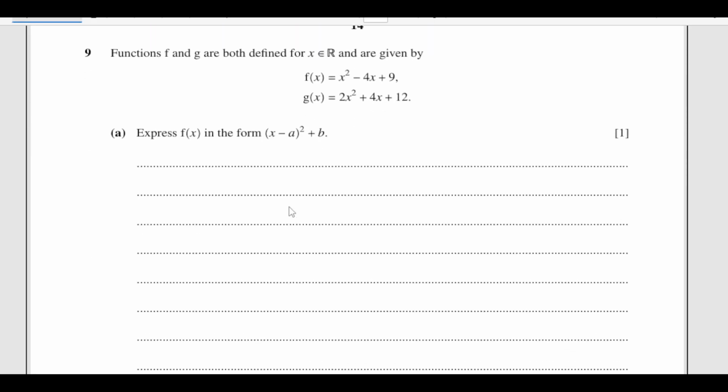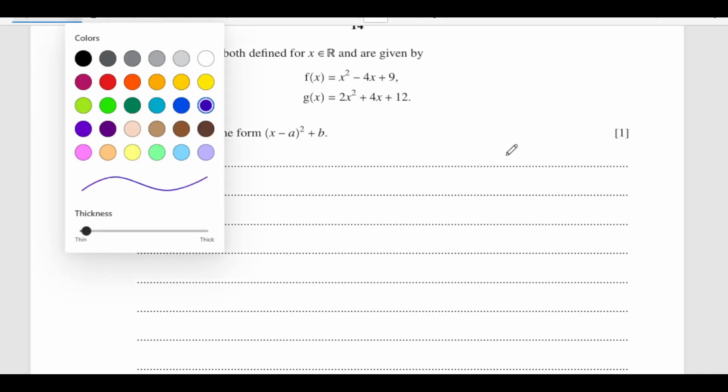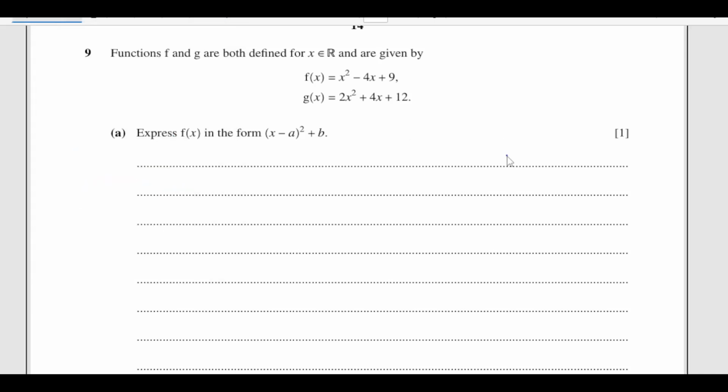Number 9, functions f and g are both defined for x value. We are given fx and gx. Express fx in this form. So I will start with fx. So our fx is x squared minus 4x plus 9, right? So we can apply completing the square to this one.